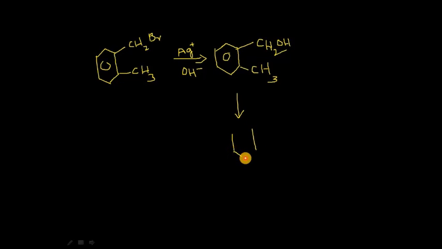As you know, after the oxidation it gives carboxylic acid. Once we do the further oxidation, both the groups attached to the ring will become carboxylic acids.